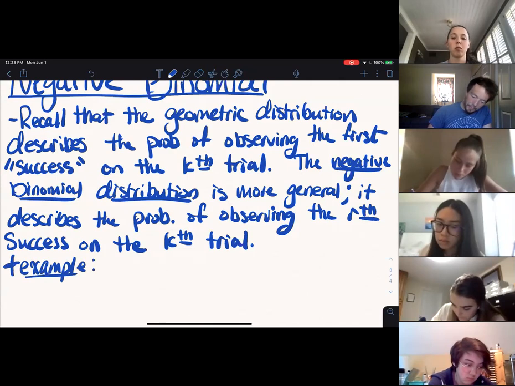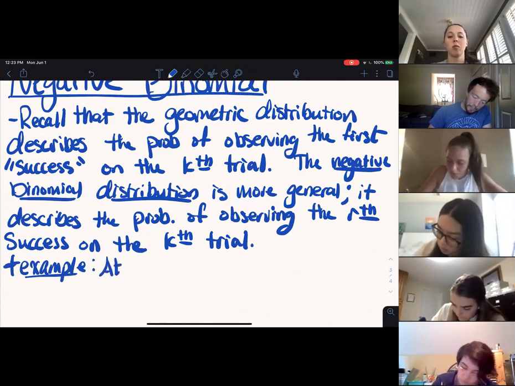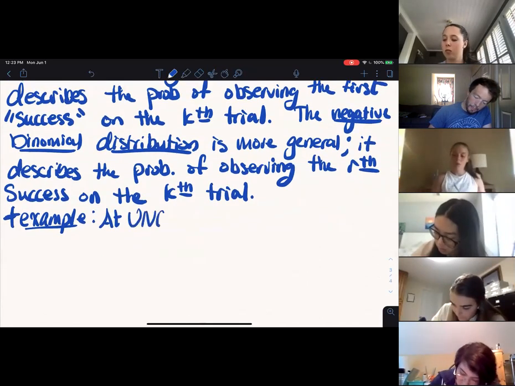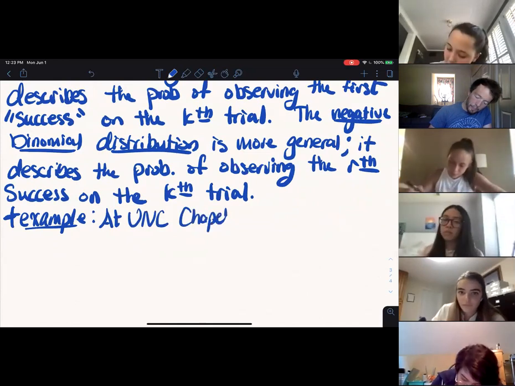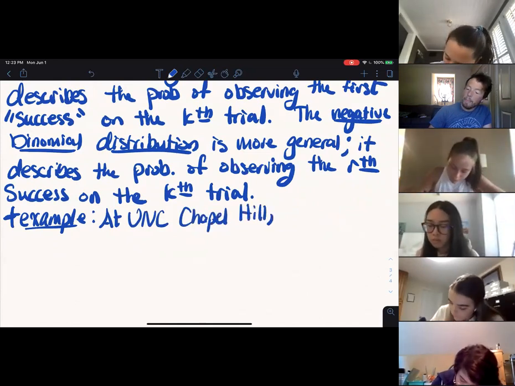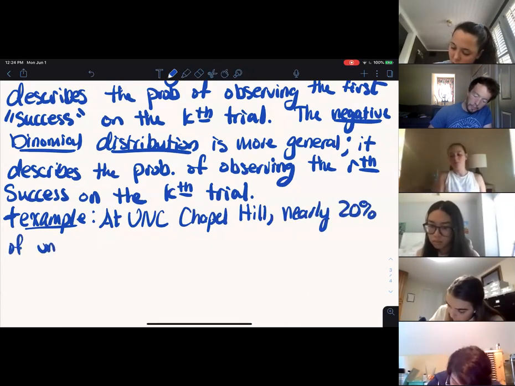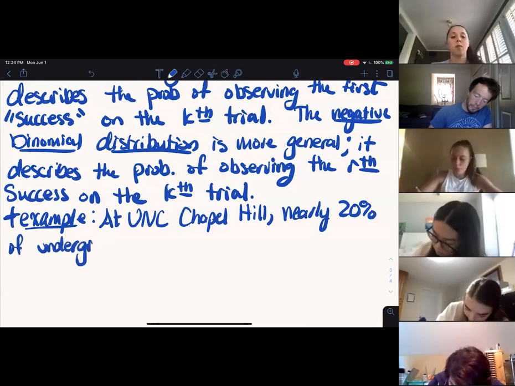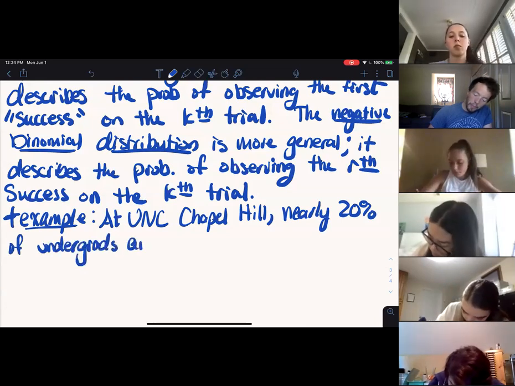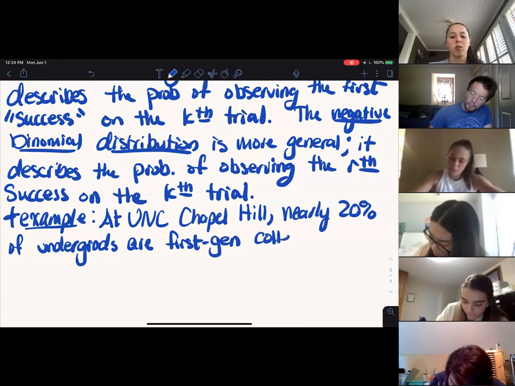At UNC, nearly 20% of undergrads are first generation college students.